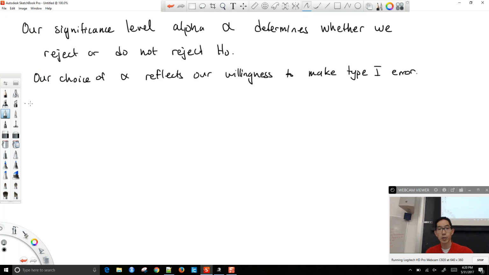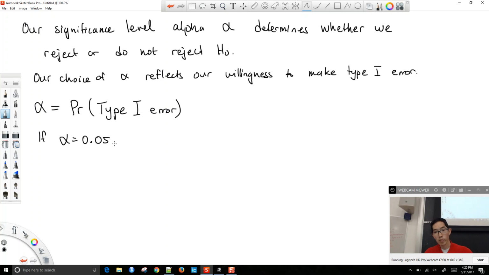So our significance level alpha is actually equal to the probability of making a type 1 error. If alpha is 5%, we will make a type 1 error 5% of the time.